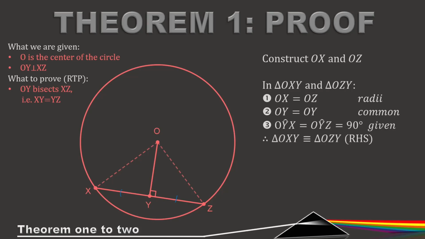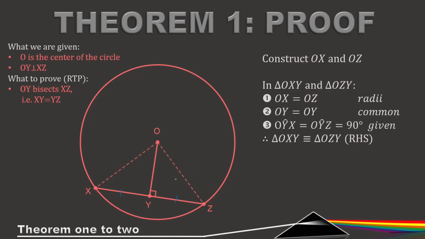Okay, and then finally, when we have those 3 things, we can state therefore triangle OXY is congruent to triangle OZY. And our reason is, and remember there are 4 reasons, go and recap or watch a video on that if you don't know how to do this. One of the 4 reasons is if you have a triangle with a right angle, the hypotenuse equal, and another side equal. The reason is right angle, hypotenuse, side, RHS.